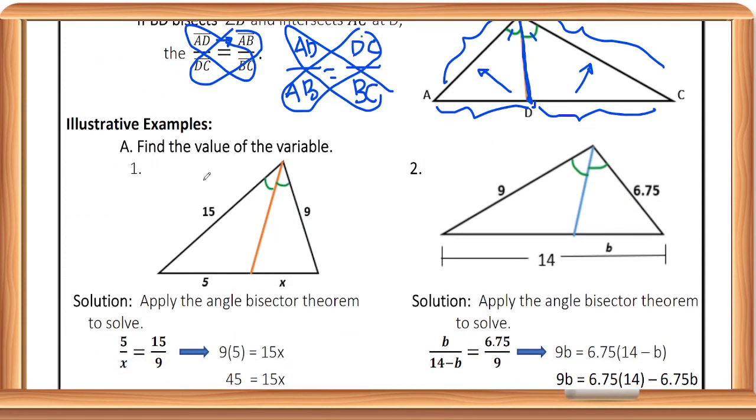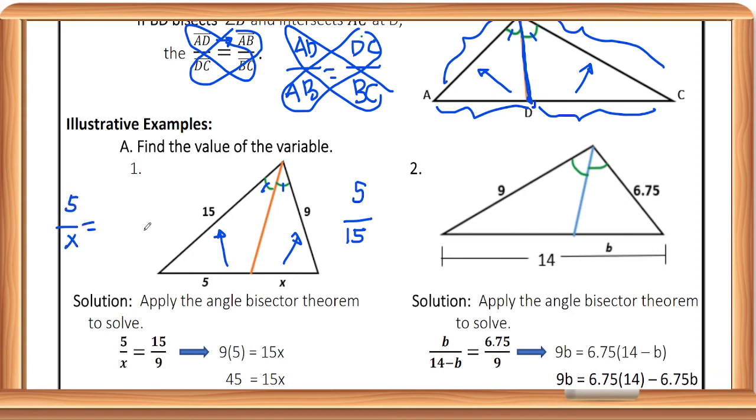So katulad nito pag magpa-problem solving ka dito, no? This one is the angle bisector. So this over this would be equal to this over this, or this segment over this segment, ito yung corresponding sides niya, di ba? Would be equal to x over this one in order for you to solve for x. So let's try to solve it. 5 over 15 or 5 over x. So pwede ring 5 over x.